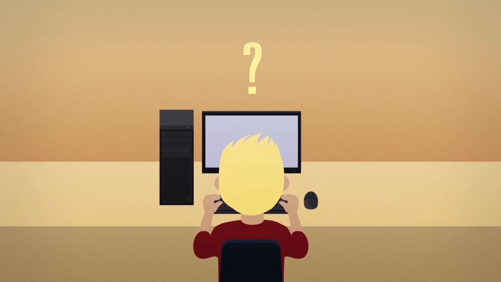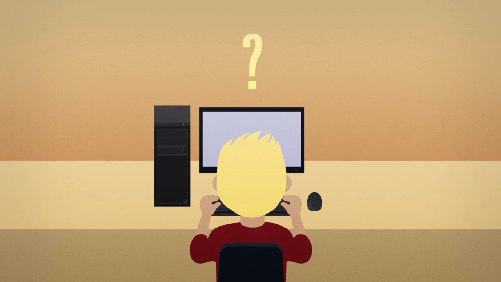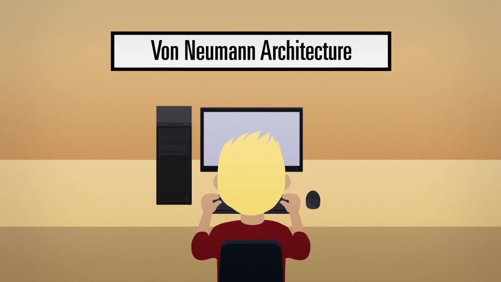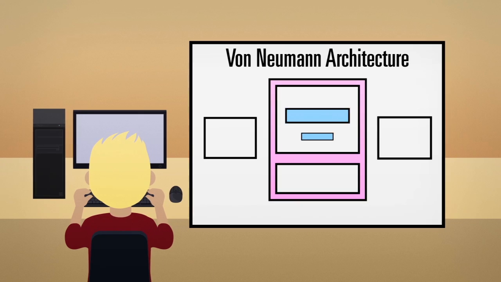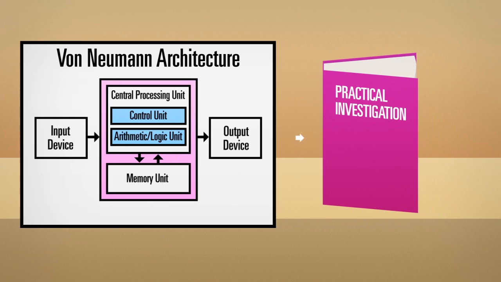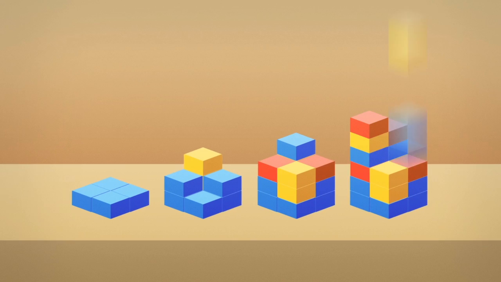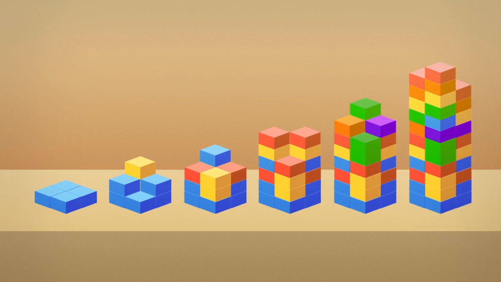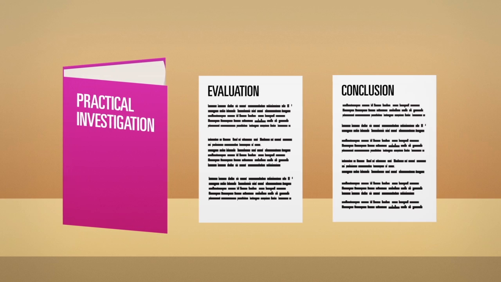You will probably see terms that you may not have encountered before, for example, von Neumann architecture. In the research phase, it is important to find out what each technical term means and how this relates to the investigation. The practical tasks will get progressively more challenging and will always end with evaluations and a conclusion.